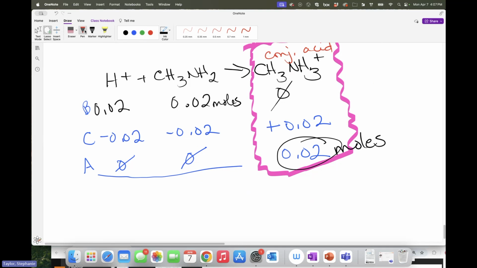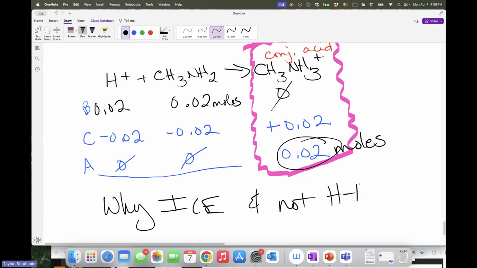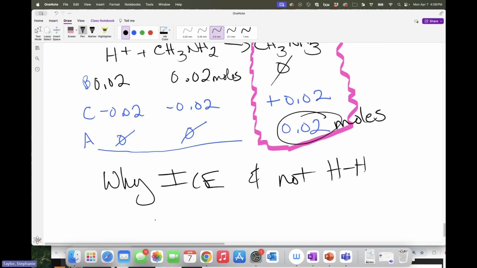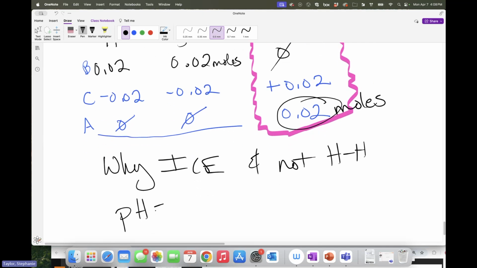One of the other questions that the person in the chat might have been asking is why ice and not, let's call it the HH equation, the Henderson-Hasselbalch equation, which is on the potentially useful information page.